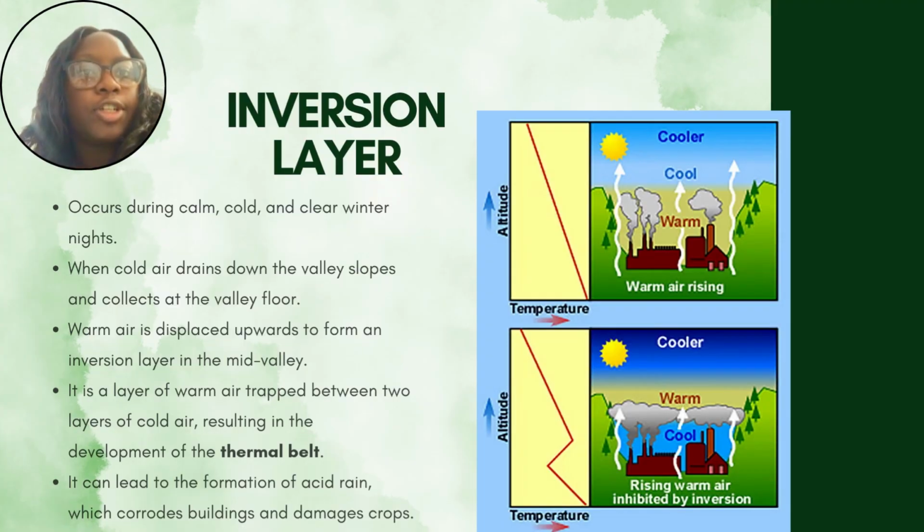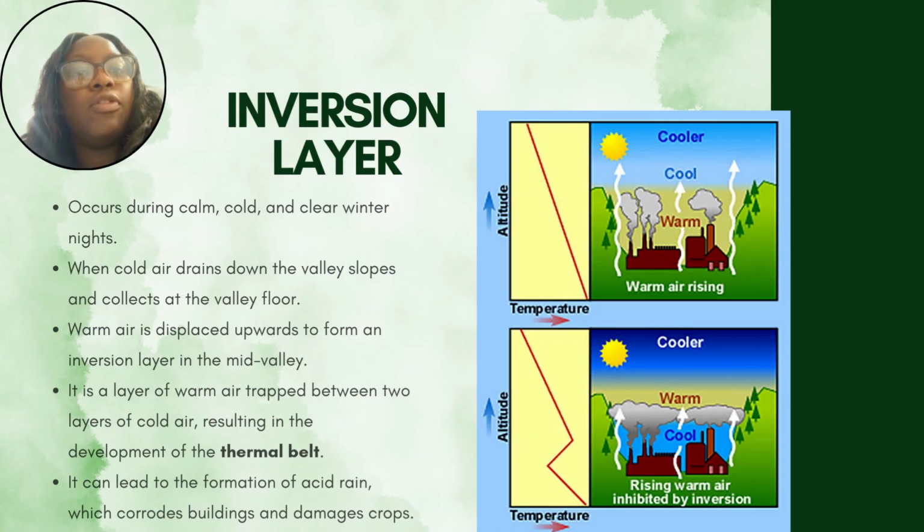When we talk about inversion layers, they usually occur during calm, cold, and clear winter nights. So the cold air drains down the valley slope, and then it collects at the valley floor, right? The warm air is displaced upwards to form an inversion layer in the mid of the valley, and it's a layer of warm air that's trapped between two layers of cold air, which results in the thermal belt formation as well.